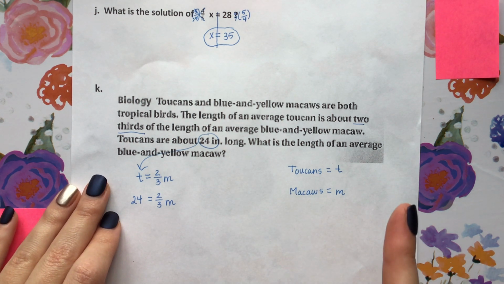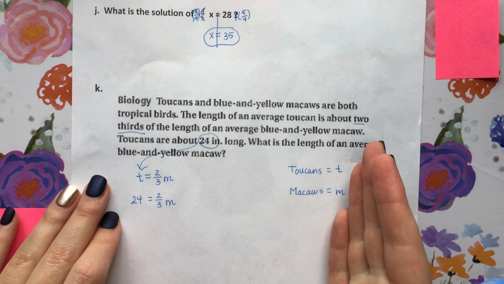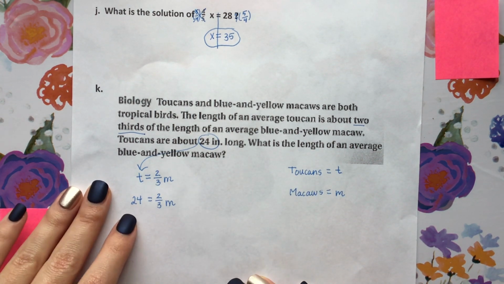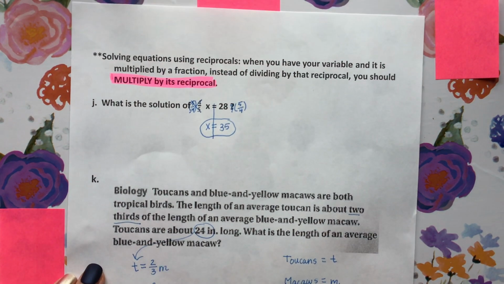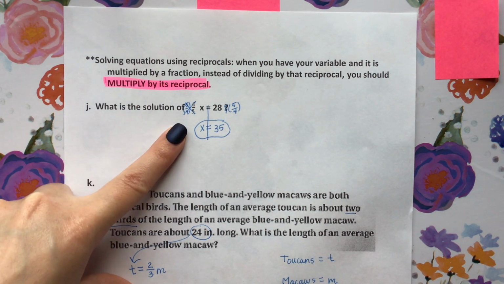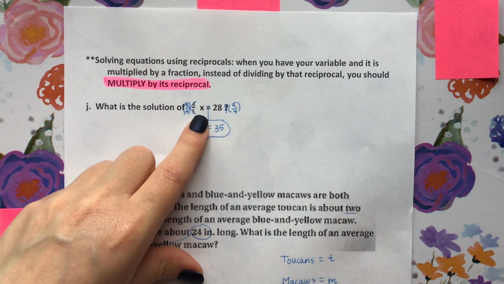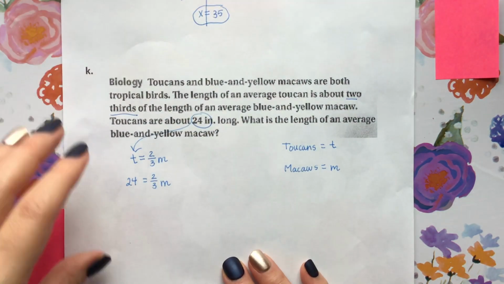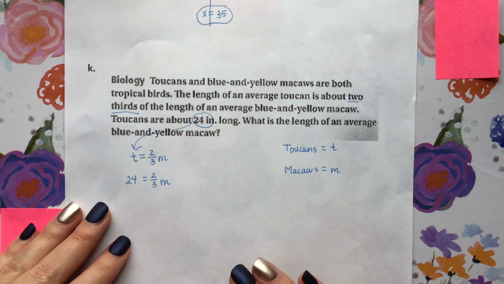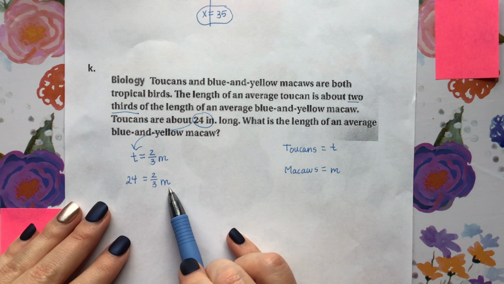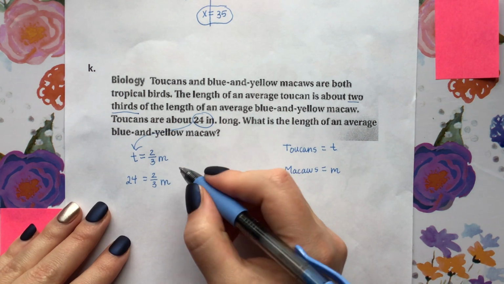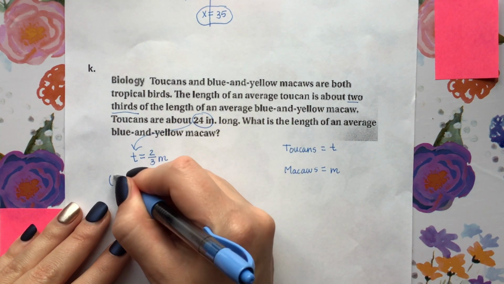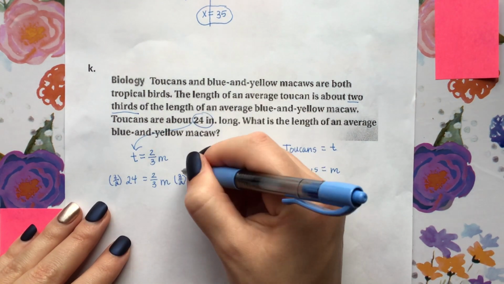Now remember, this section is one-step equations, so I should be able to do this in one step. Well, up here in this previous problem, when we had a fraction right next to our variable, we multiplied by the reciprocal. So we're going to do the same thing here. We have 2/3 times m, so to get rid of that 2/3, I'm going to multiply by 3/2 on the right side and by 3/2 on the left side.